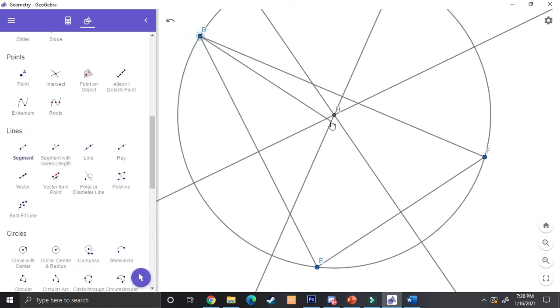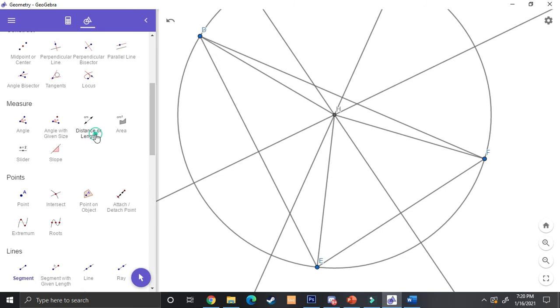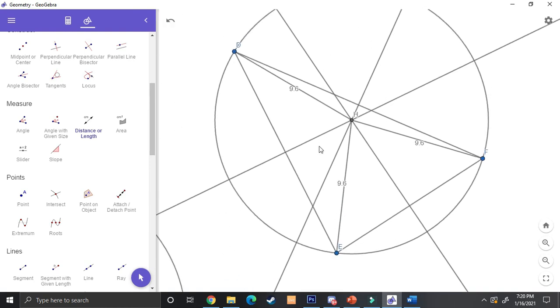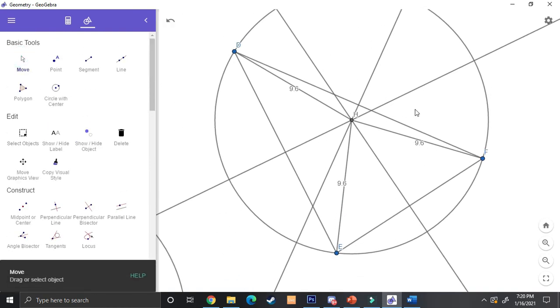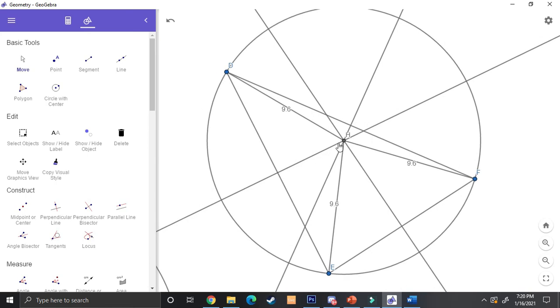So when we draw segments HD, HE, and HF, these are all equidistant. To show you again, here, 9.6, 9.6, and 9.6. So that's a very noteworthy property of perpendicular bisectors.